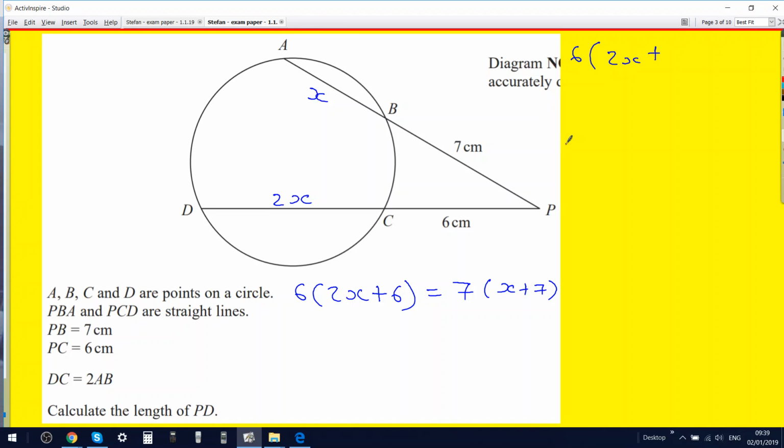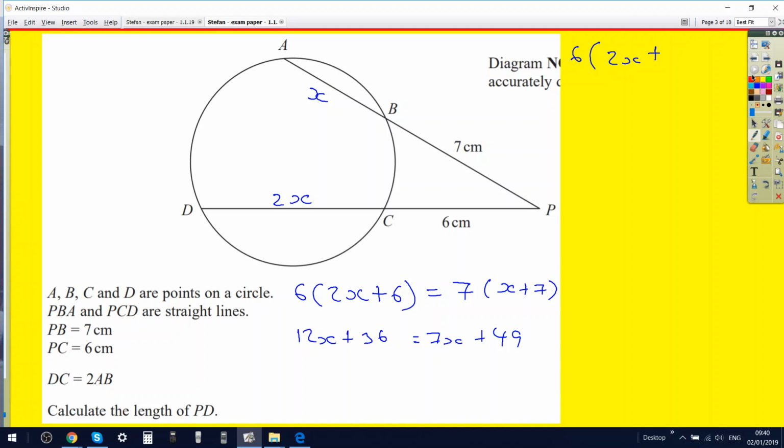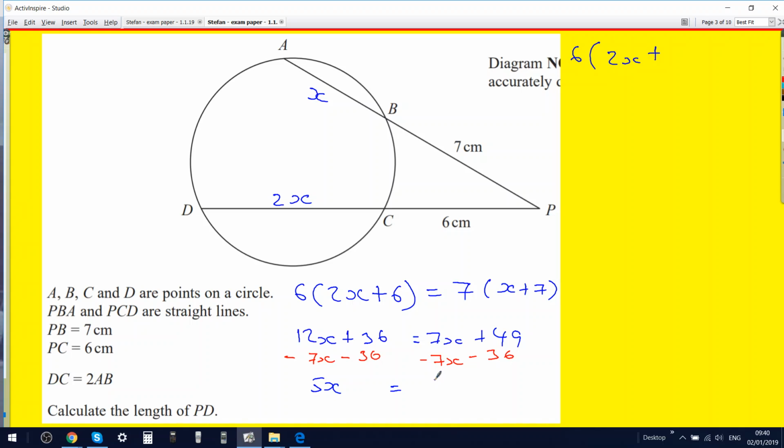So if I expand the brackets, it's like 12x plus 36 equals 7x plus 49, and then if you do 12x minus 7x and 49 minus 36, that will be 5x equals 13.